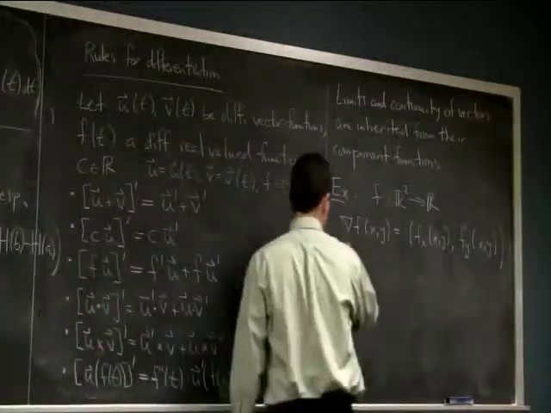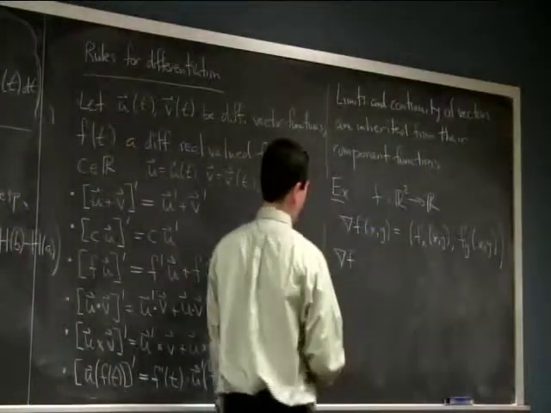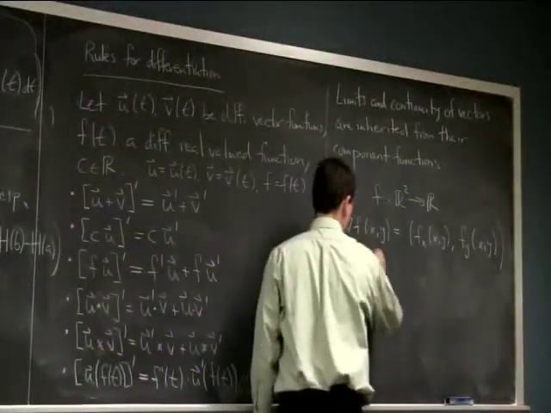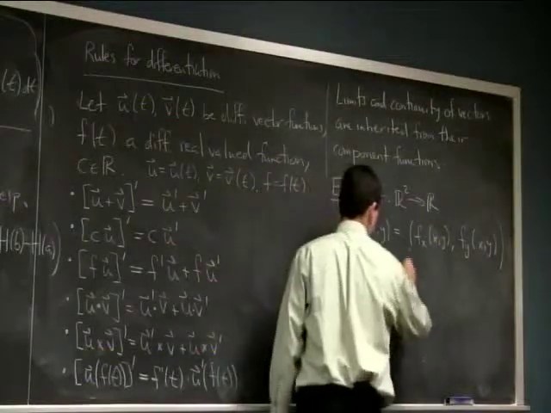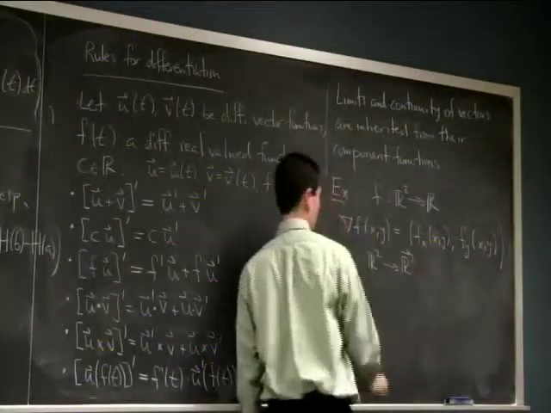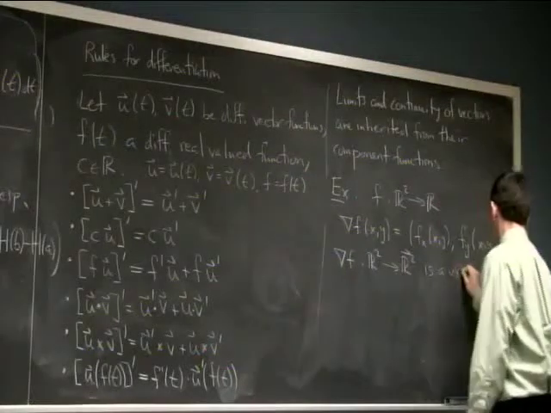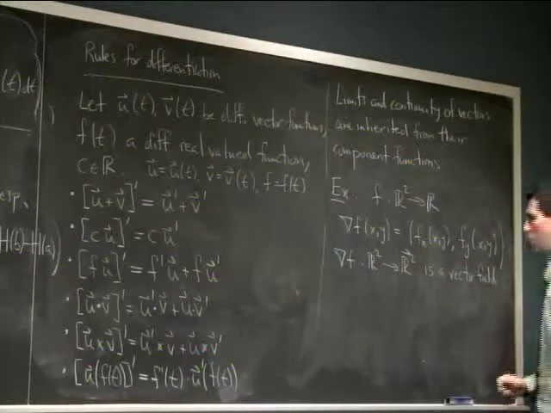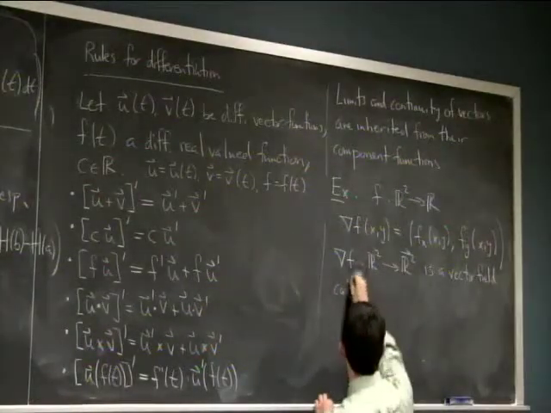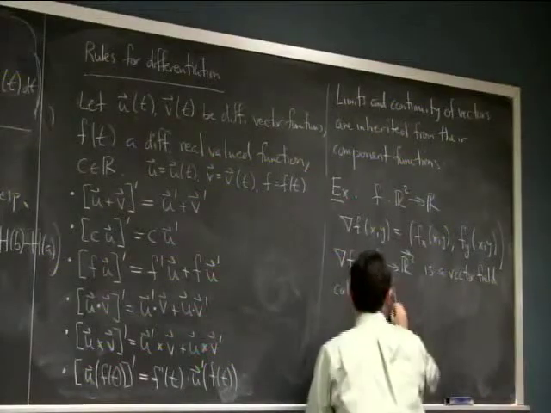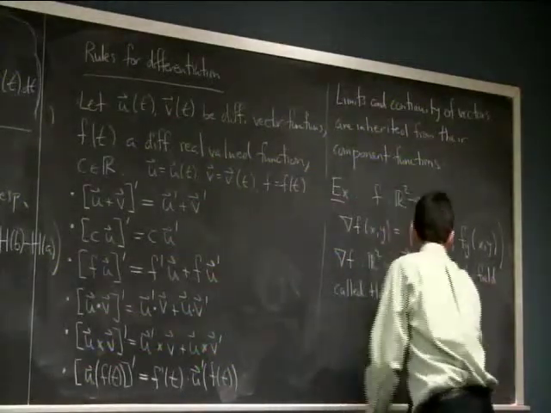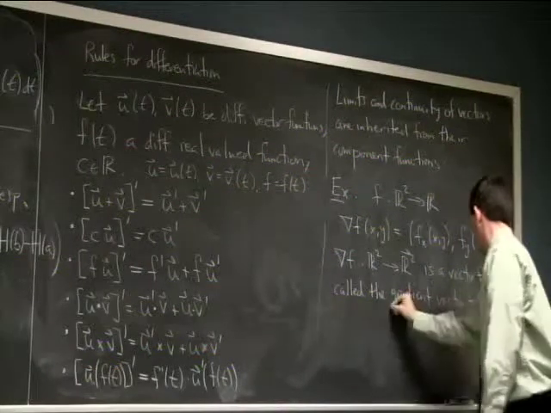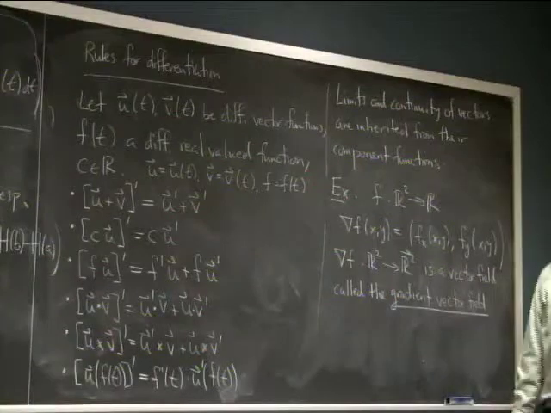So that means that nabla f, or gradient of f, is a vector field. This eats a point in R2, and it spits out a vector in R2. So this is a vector field. And it's called the gradient vector field. Surprisingly, because there's a gradient.